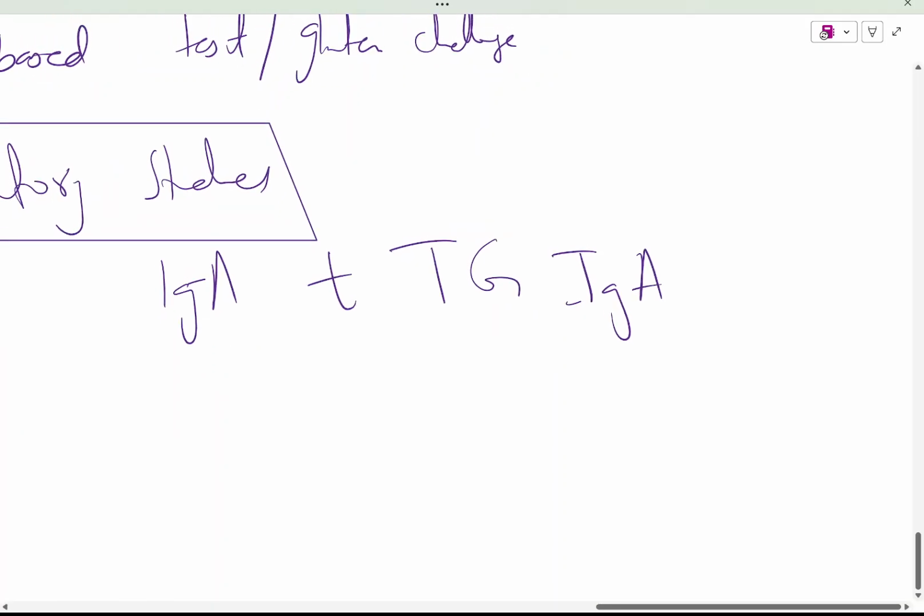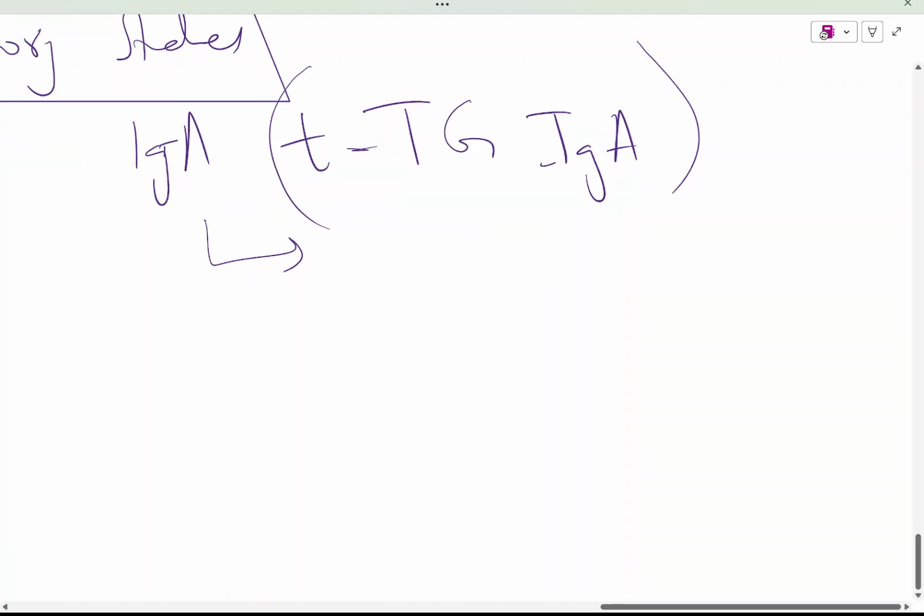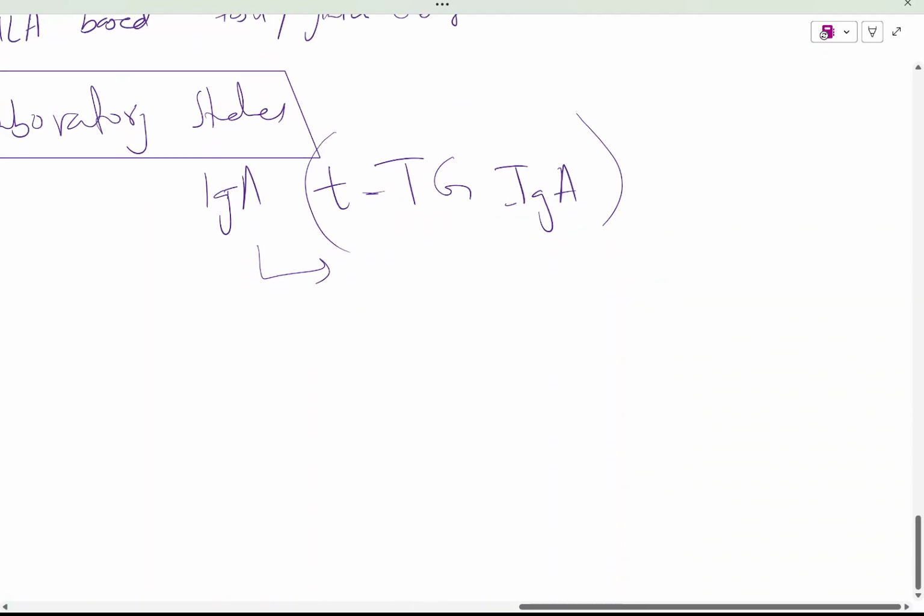This is the initial test and crucial part of celiac disease serology. We are discussing serology of IgA tissue transglutaminase antibody. It is a very highly specific test. So the next thing is we are going to test total IgA level.